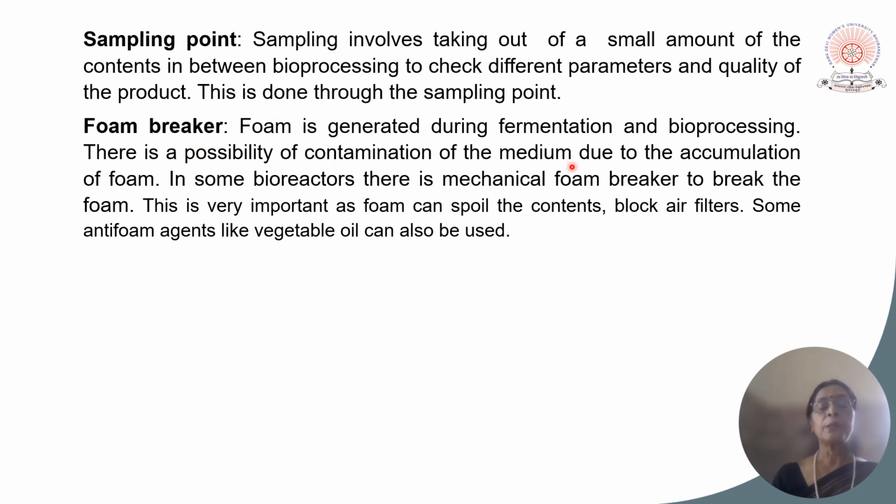It comes from the substrate or the products. And if the foam mixes with the contents of the fermenter, it may produce low quality product. So foam has to be dissolved. There are anti-foaming agents that are used, or vegetable oils can be used, or a mechanical foam breaker can be used.